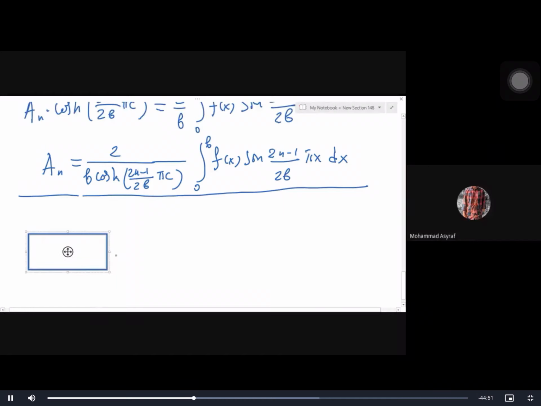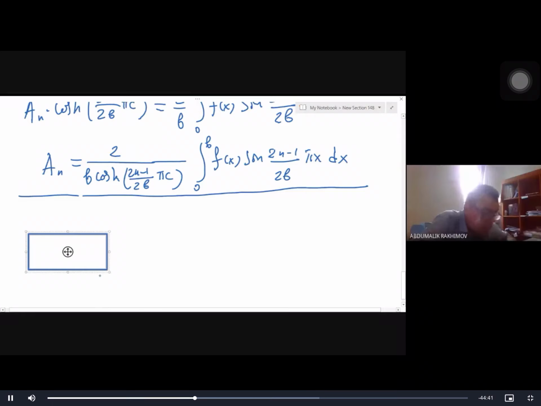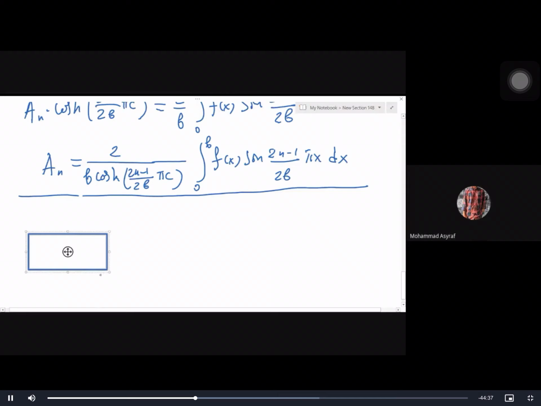Sir. Yeah. If the question asks us to solve this question, do we have to do the split equation first, the first step that you mentioned?